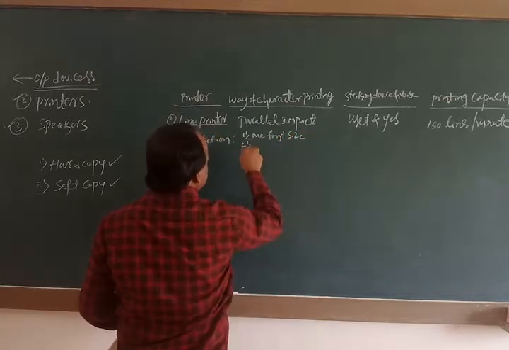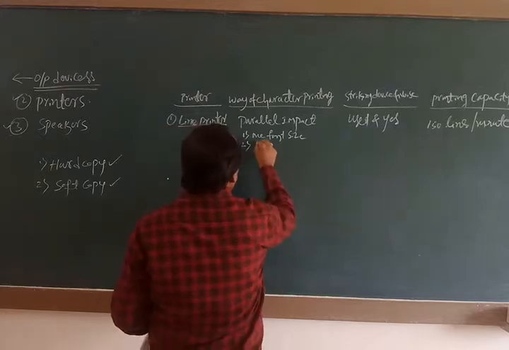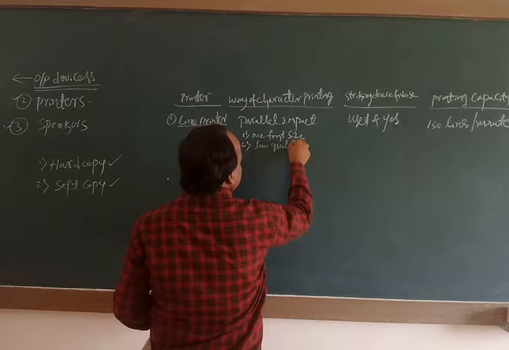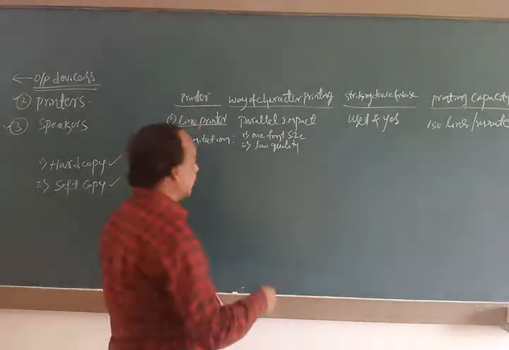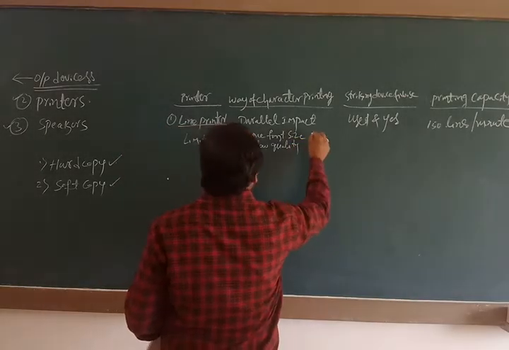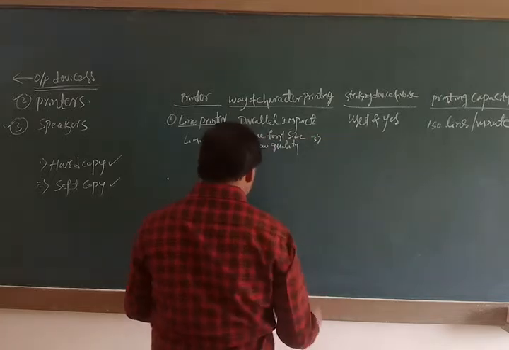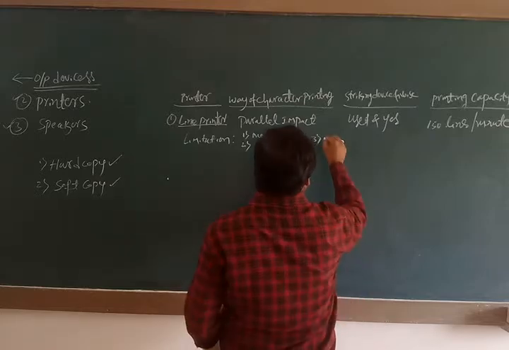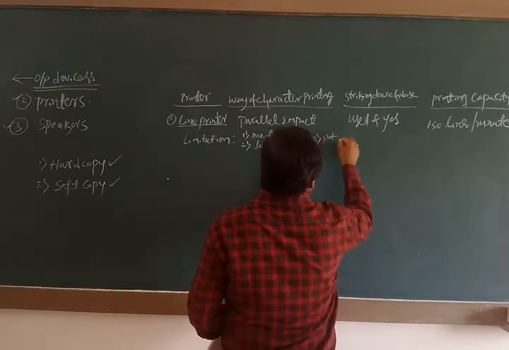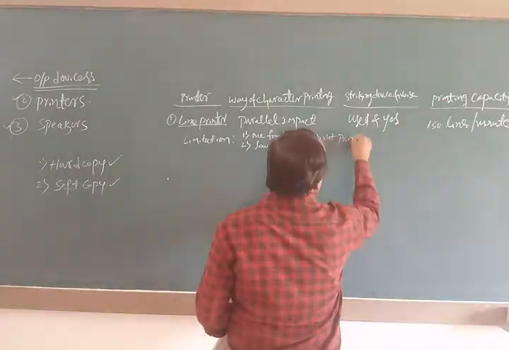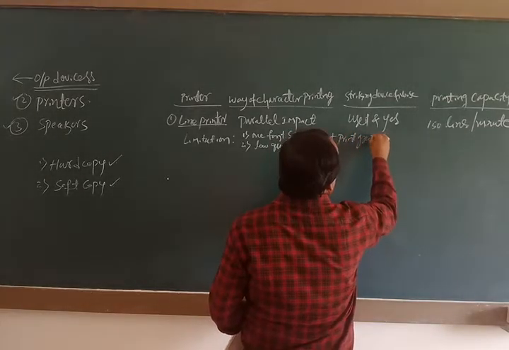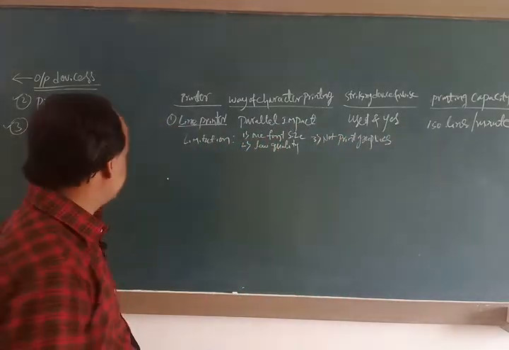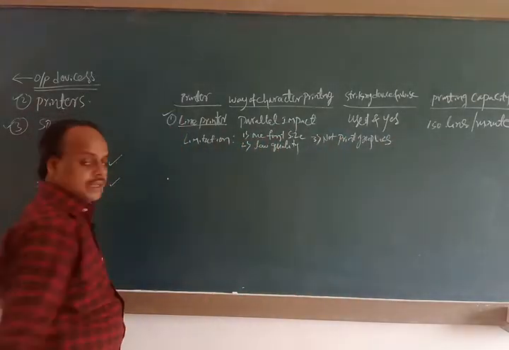The second one is low quality, meaning the printing quality is very low. And the third one is that it is not going to print graphics. So these are the limitations of the line printer.